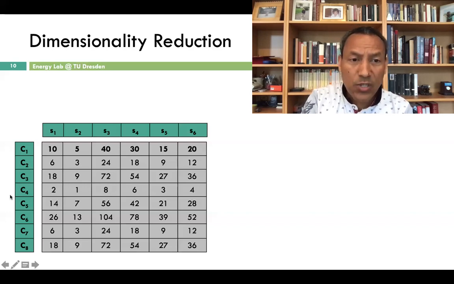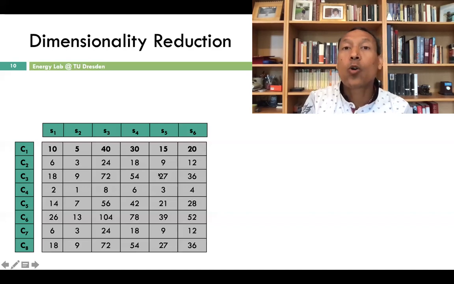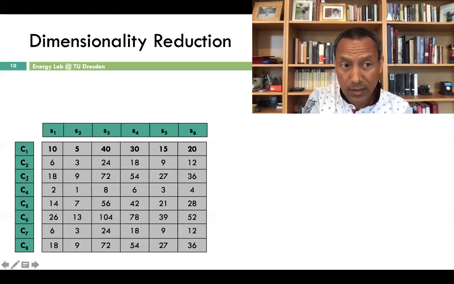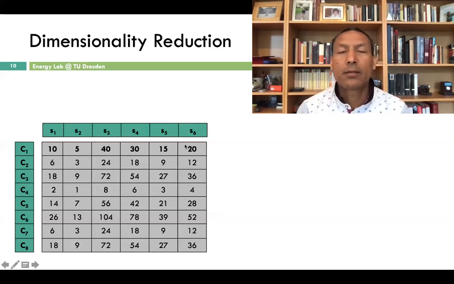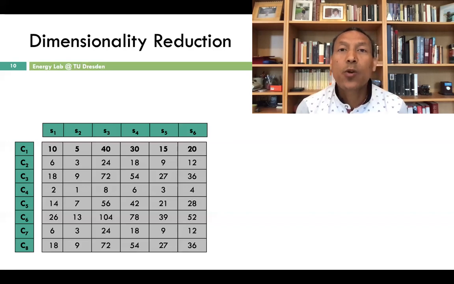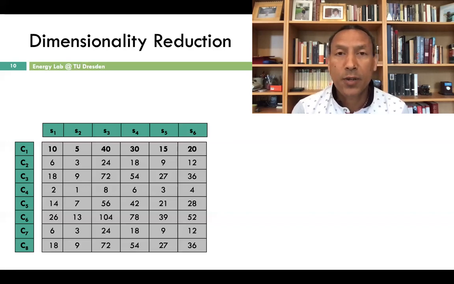So here you see now this matrix corresponds to some underlying reality. So the rows here indicate the channels, and the columns here indicate the samples. Now, one important way of seeing whether or not they are observing one and the same situation is to plot the data.